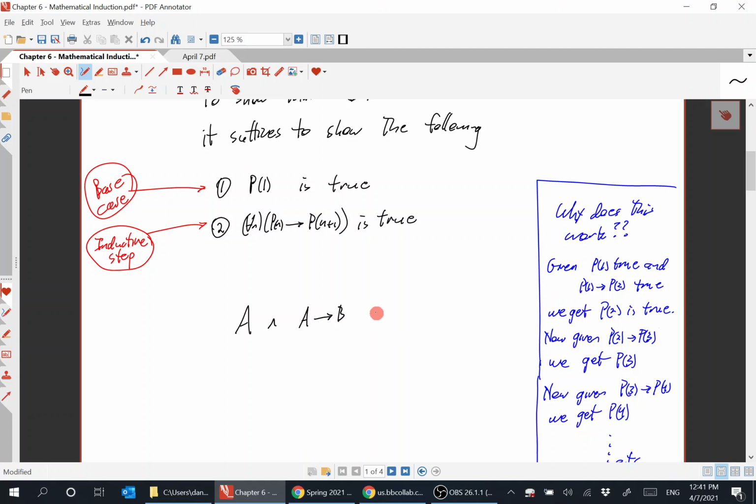For example, you're a student in my class, and if you are a student in my class, then you're a student at Wright State. Therefore, you are a student at Wright State. That's the basic rule of deductive reasoning, modus ponens. And then there are variations on that: not B and A implies B being true gives you that not A is true. Things like that.